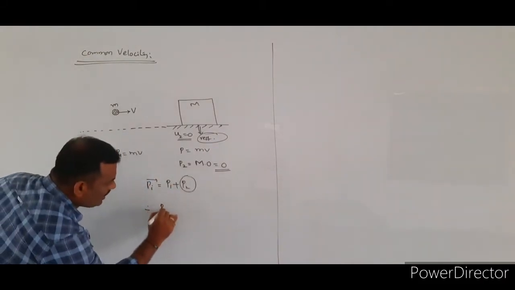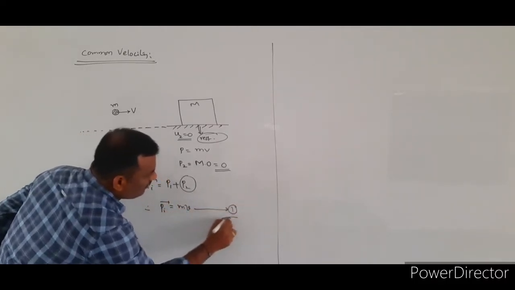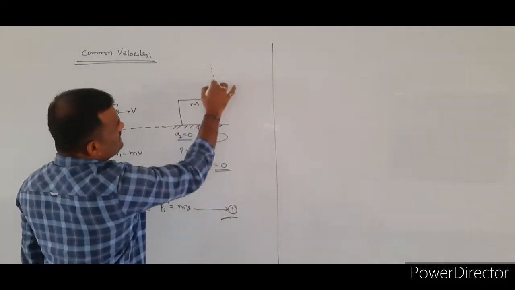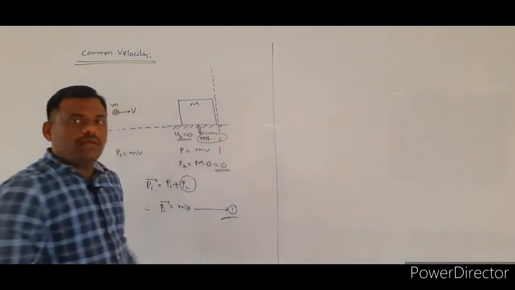So the initial momentum of the system is equal to m into v. The initial momentum of the system is equal to what? m into v. So this is case 1, that is, before the system came into motion.